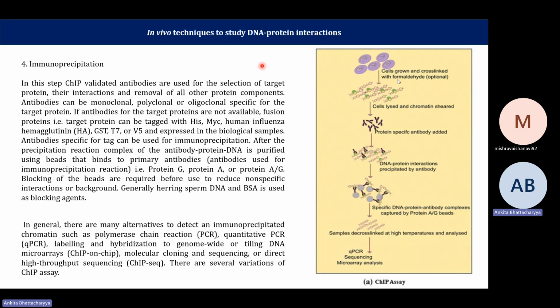In that case, you can utilize flag-tagged beads, and from there you can elute your region of interest. So these are different possibilities. And most commonly, you would find ChIP qPCR being performed to validate the results that you expect.